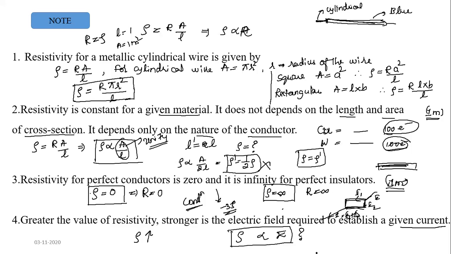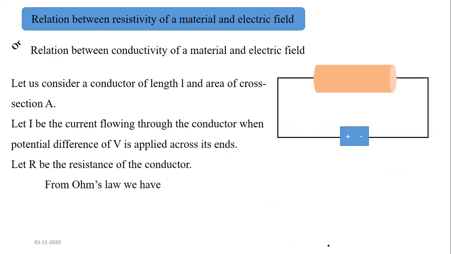Okay, so now how is the relation? We are going to study the relation. Now next concept. You see here, this is very easy. It is asked for 3 marks: relation between resistivity of a material and the electric field, or relation between conductivity of a material and the electric field.